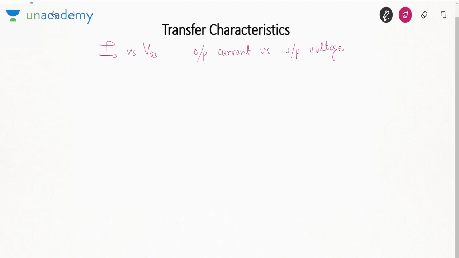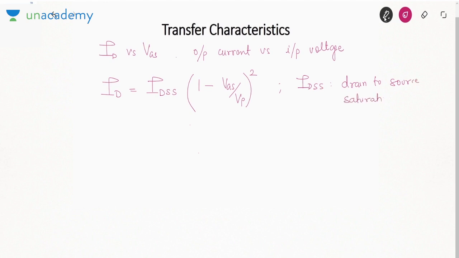So the expression for drain current in a JFET is given by this expression. You have to directly remember IDSS, that is drain to source saturation current, times 1 minus VGS by VP whole square. Okay, IDSS is drain to source saturation current.